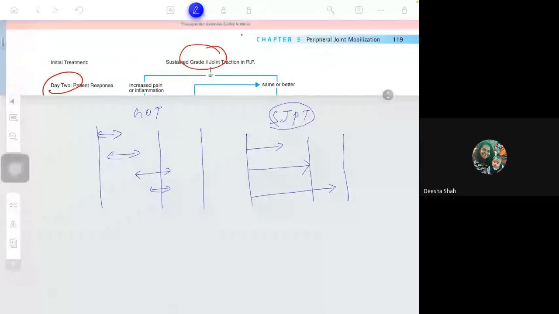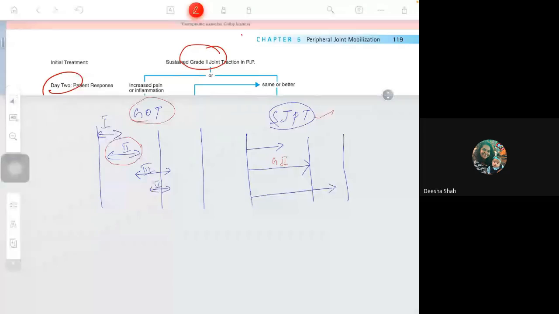Listen carefully: grade 1, 2, 3 and 4. Suppose I want to give grade 2 mobilization, GOT. First I have to give grade 2 SJPT.